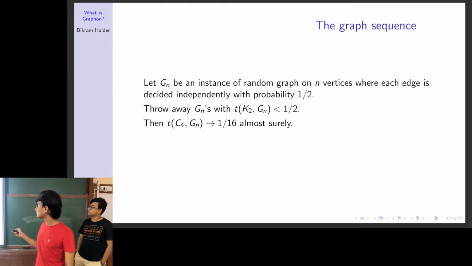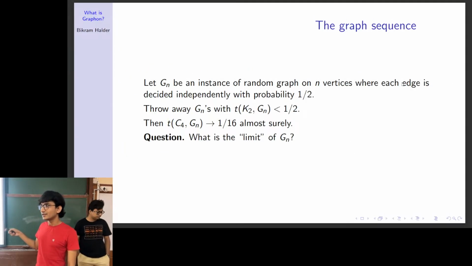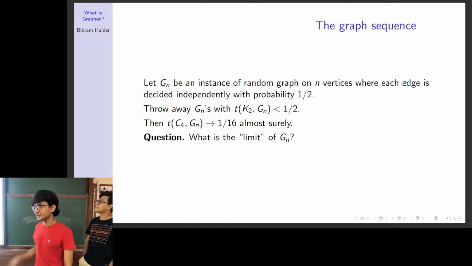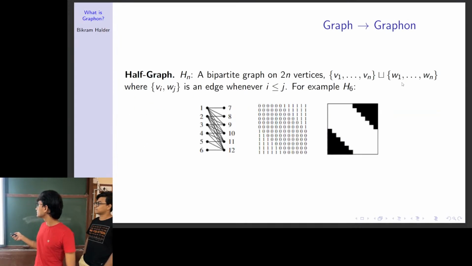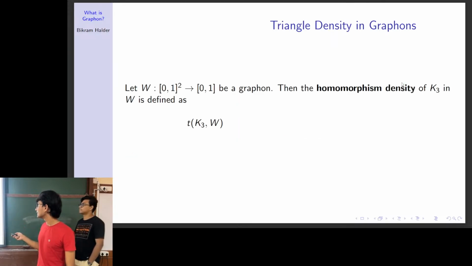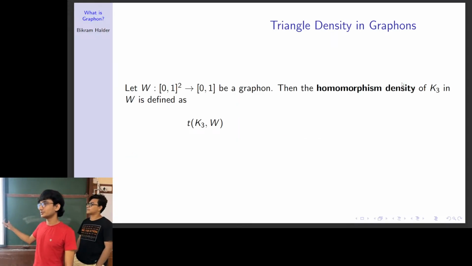What is the graphon here, right? It is the trivial one half. The trivial half works. I mean, you can take almost everywhere equal to something else.